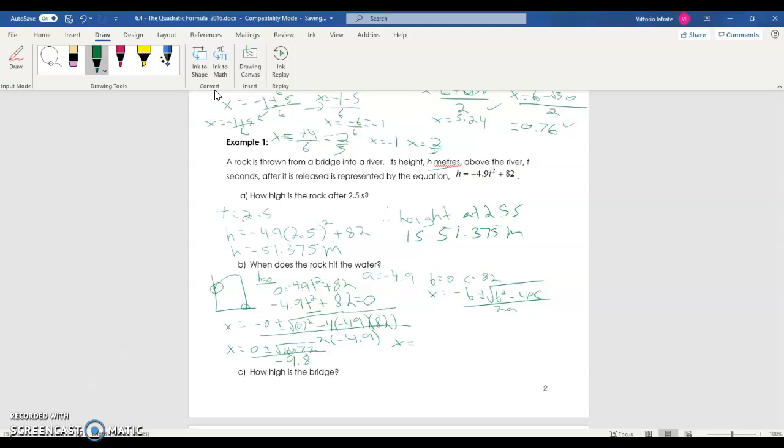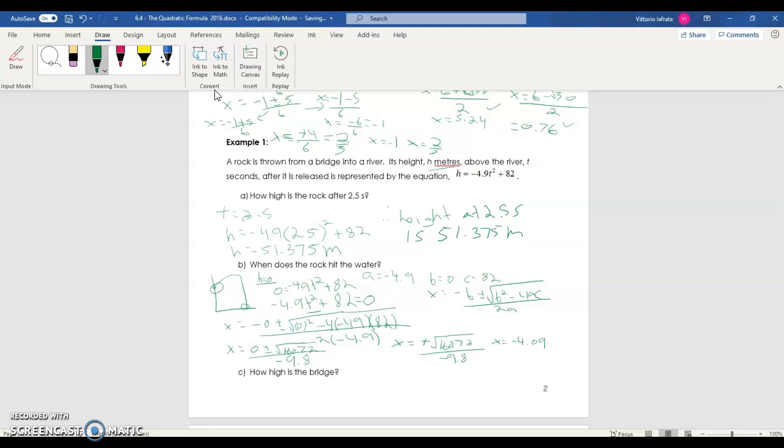Now, I'm not going to put the 0 in, but you can. 0 plus square root of 1607.2 over negative 9.8. And if you put that in your calculator, you get x is equal to negative 4.09.